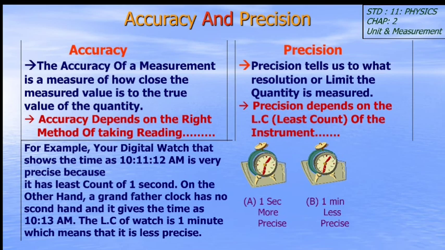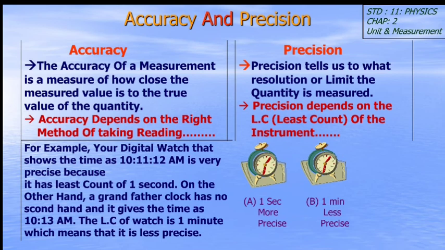On the other hand, a grandfather clock has no second hand and gives the time as 10:13 am. So the least count of the watch is 1 minute, which means that it is less precise.